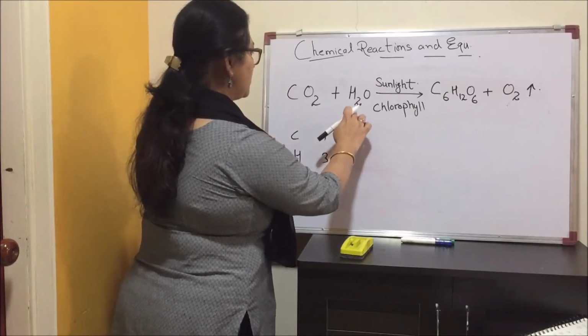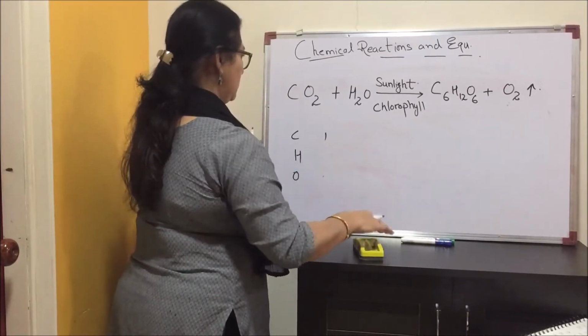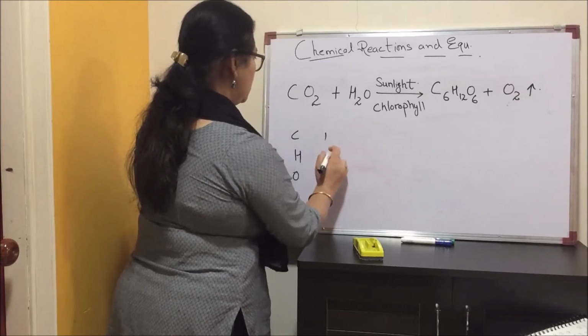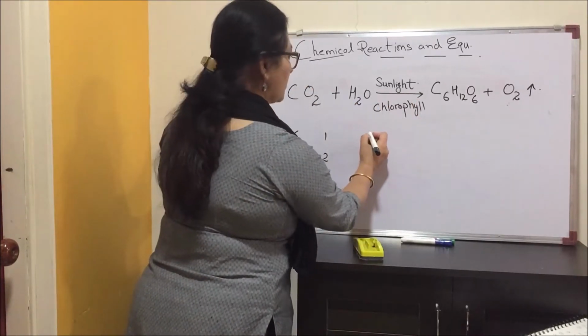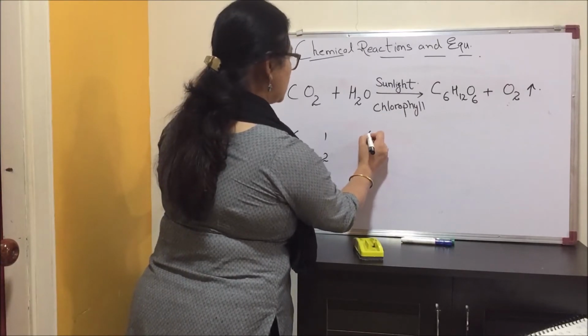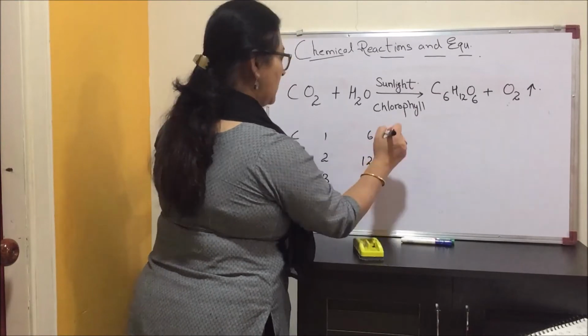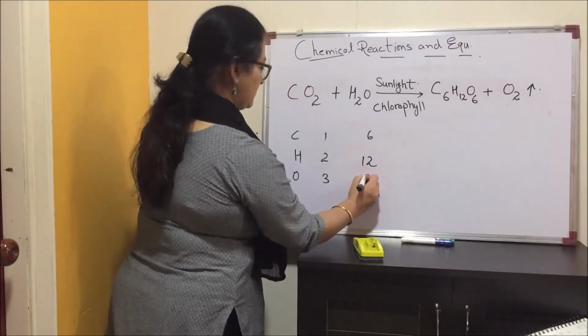Clear? Hydrogen is 2. Okay, oxygen is 3 and hydrogen is 2. Fine. Now coming to the product side, carbon is 6, hydrogen is 12 and oxygen is 6 plus 2, 8.